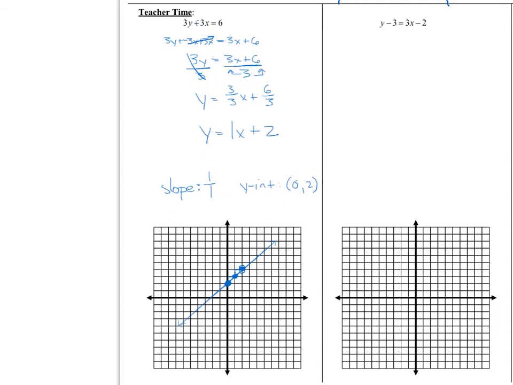The alternative to doing this is picking 0 for x, 0 for y, and then plugging and chugging, and then graphing those 2 points, then picking another value for x, solving for y, and graphing that as a checkpoint. Marquita says that is doing too much. And I agree. This method to me is so much more efficient.